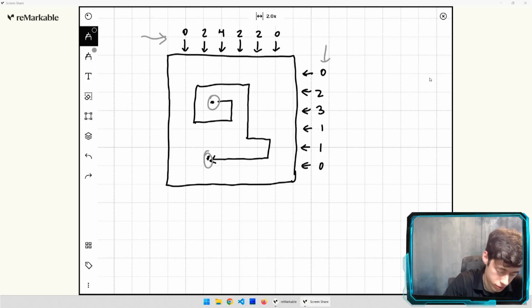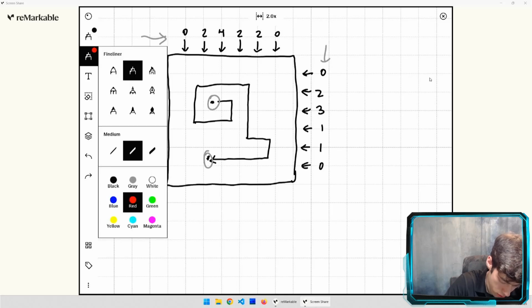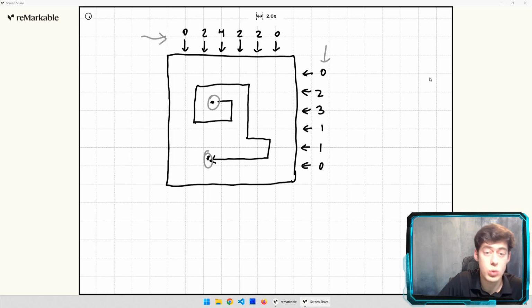And that's actually enough to solve the problem, because you can now solve the problem separately for each coordinate. So let's do the rows first. What row did we end up in?